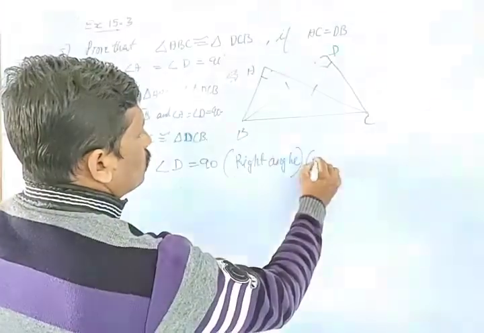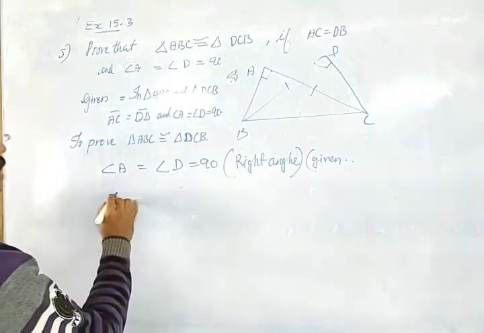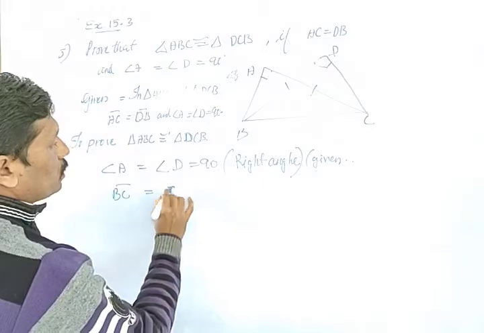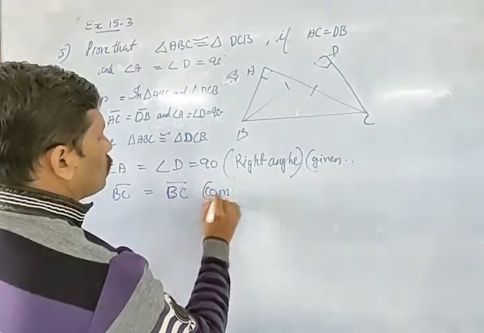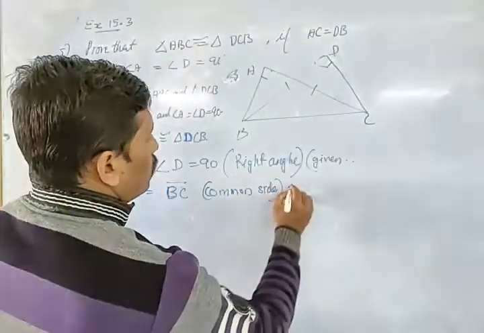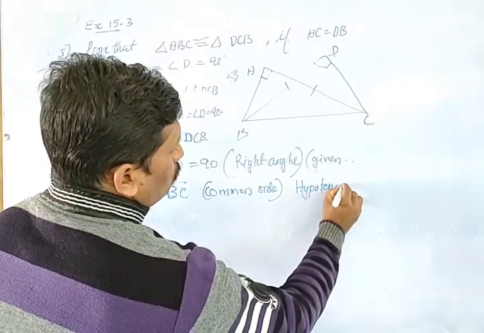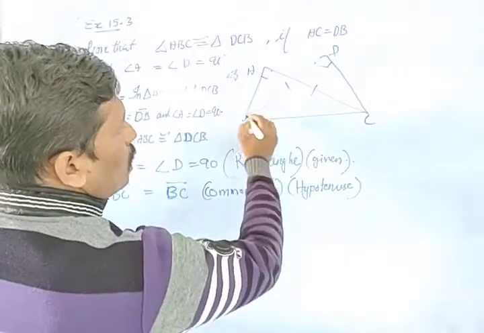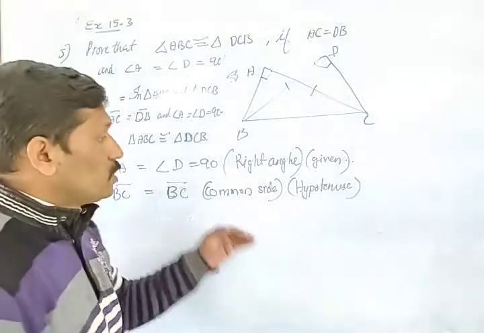That is given, and side BC is equal to side BC, common side, that is hypotenuse. BC is common for this triangle and BC is common for this triangle. That is the common side, that is hypotenuse.